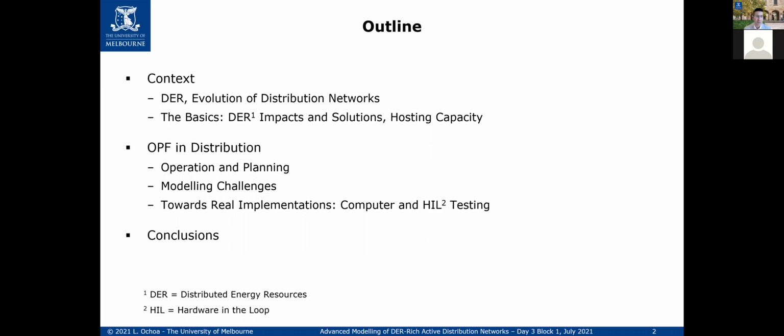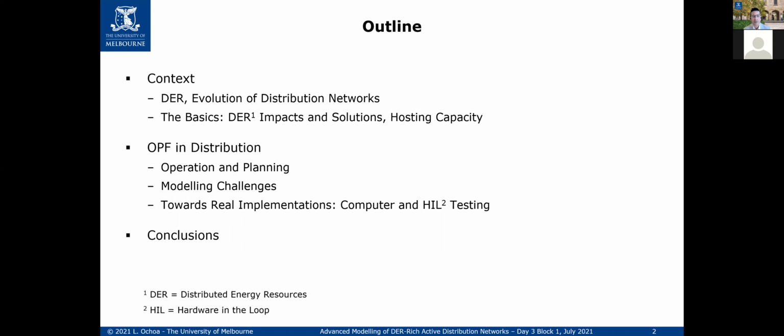Sometimes they do not know exactly what type of conductor it is, and then how can you calculate the impedances? So there are many challenges in the modeling aspects, and challenges modeling the distributed energy resources as well. The OPF is just part of a massive process by which we are trying to create smart processes for decision-making purposes.